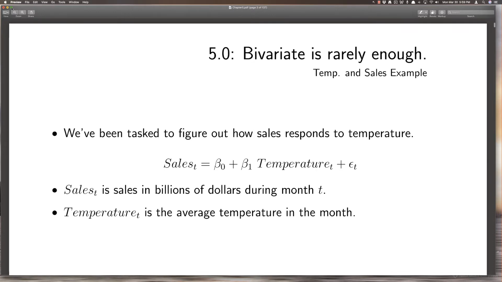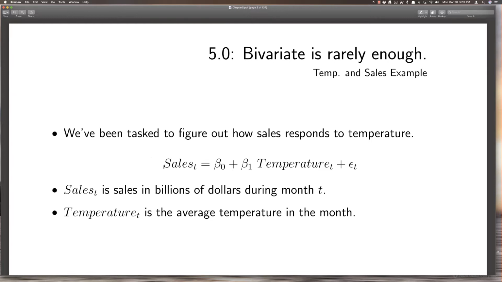All right. So here's an example to get us started. We've been tasked with trying to figure out how sales respond to temperature. This could be a retail store. The boss came up and said, hey, I want you to see if our sales are affected by temperature at all.